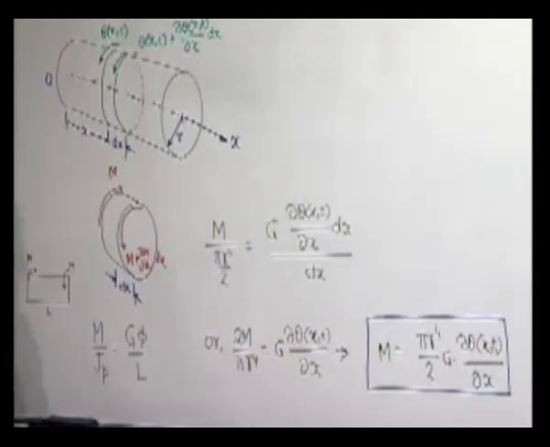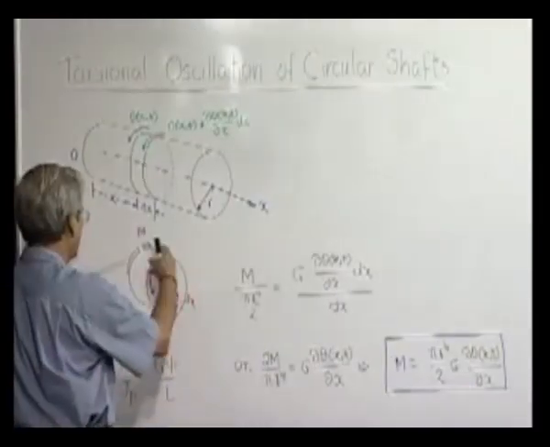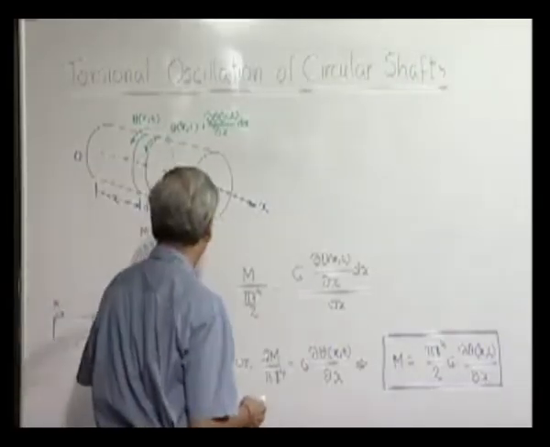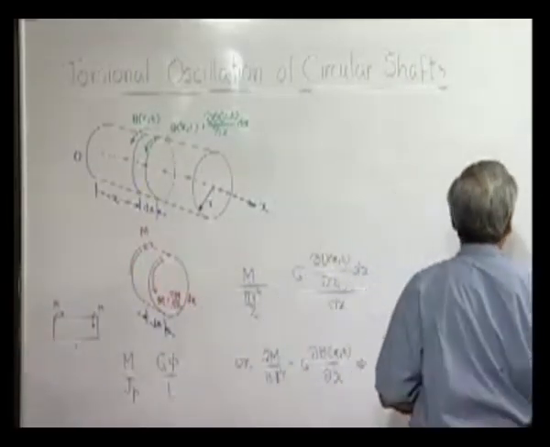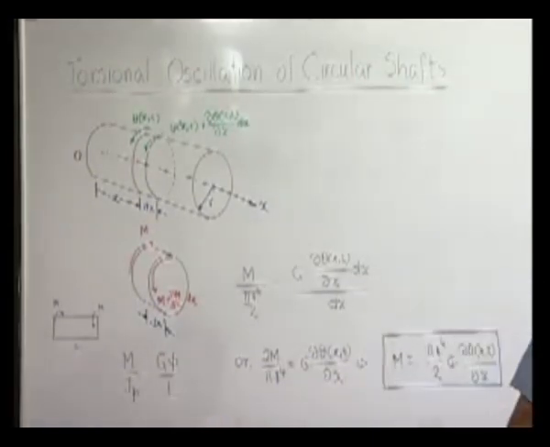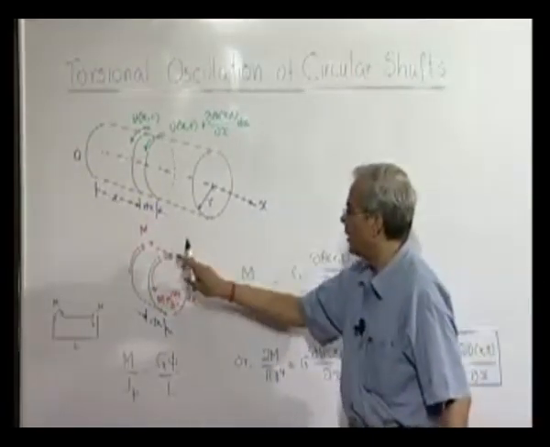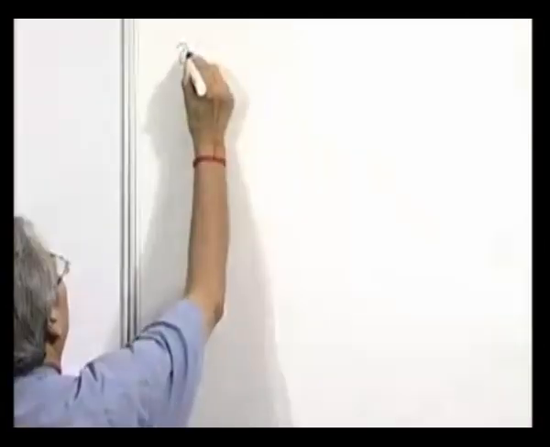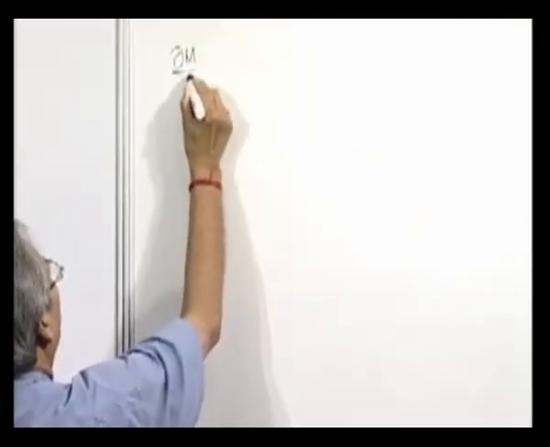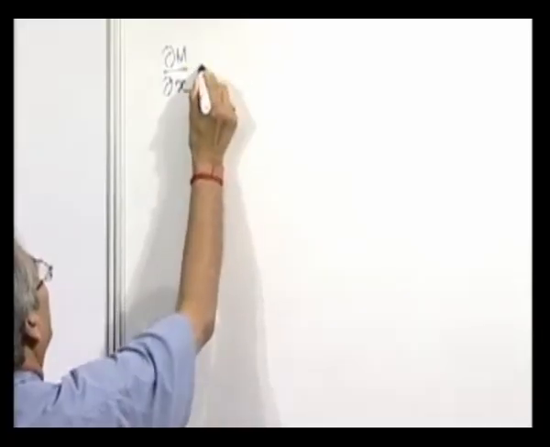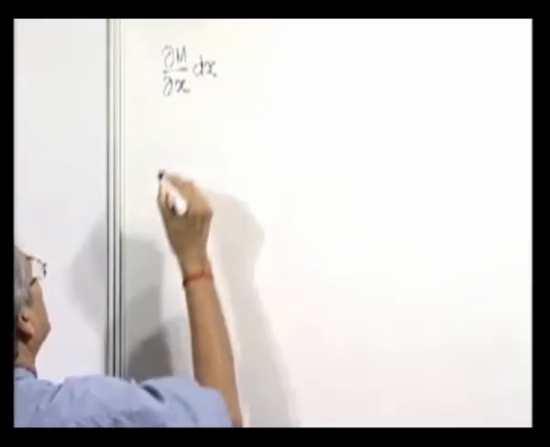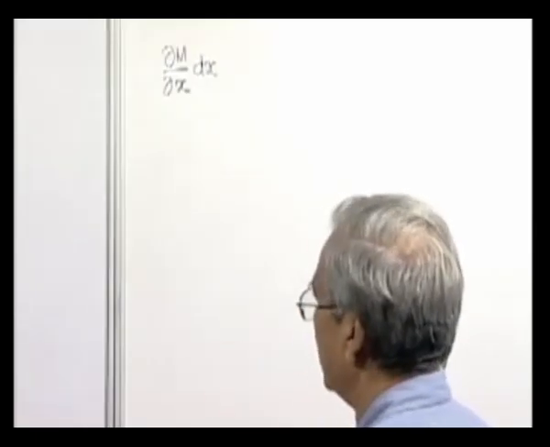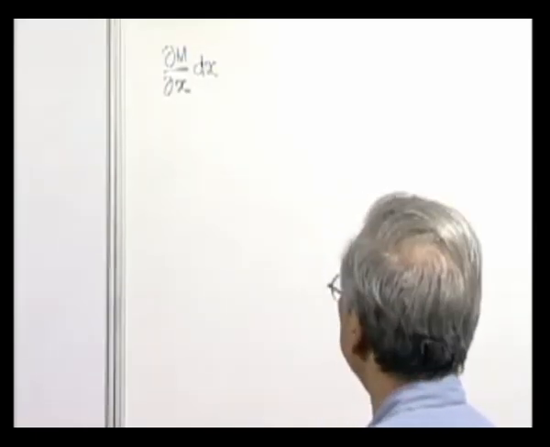Next, again we do the same thing, to find out the dynamics of this element. What is the total moment acting on this? The total moment acting on this is a resisting moment m and a forward moment m plus something. So therefore, this is the total moment acting on the element in the forward direction, that is the theta positive direction.